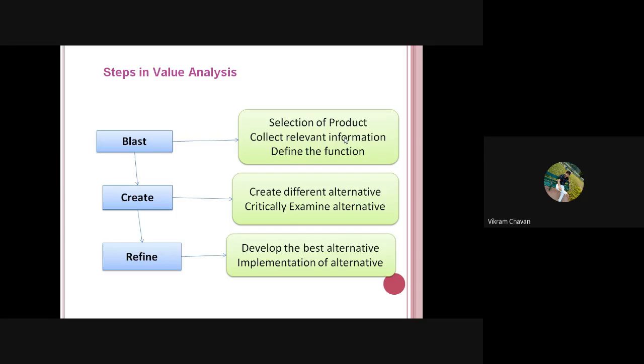The second step is create. Under this create step, what activities need to be carried out? First, create different alternatives.